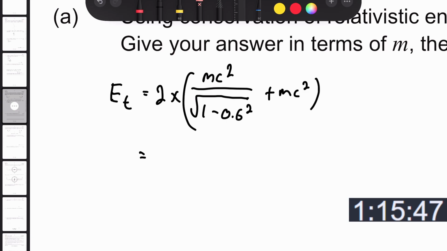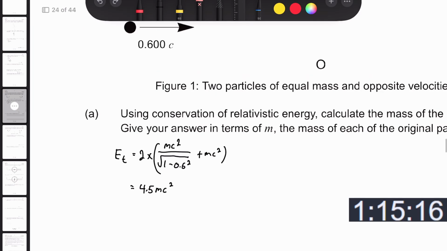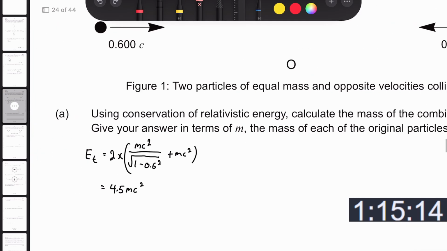And this is 2 times 1 over the square root of 1 minus 0.6 squared, plus 1, giving 4.5 mc squared. All I did was pull the mc squared out and find what this would be and put those as 1. Okay, now find the mass of the combined particle m.